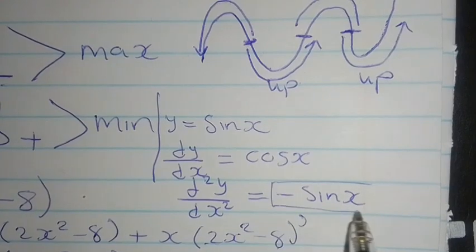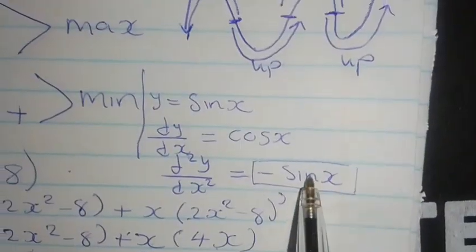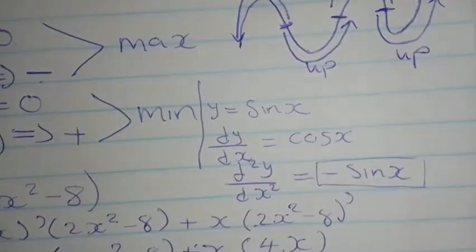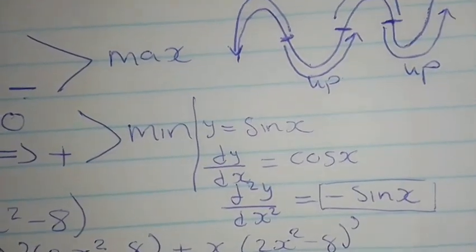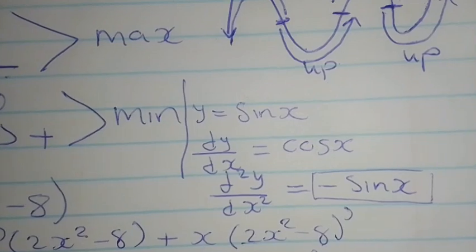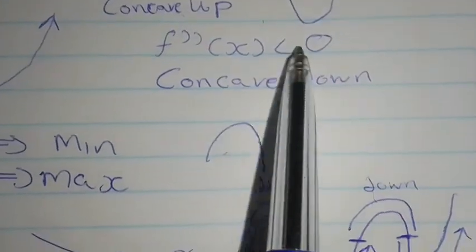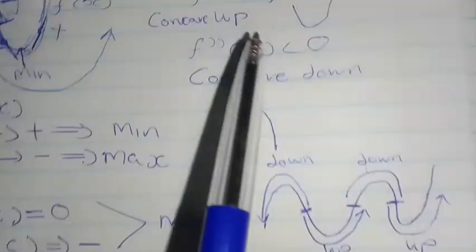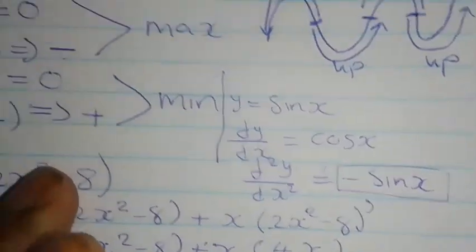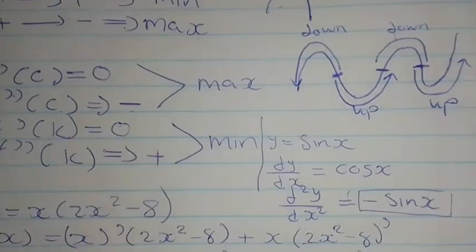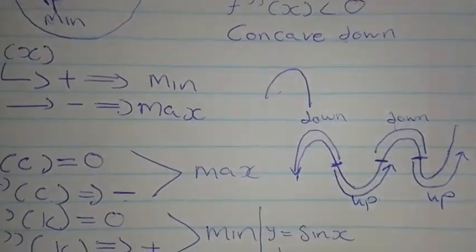For concave up, you set this minus sine x greater than 0, and then you solve for the values of x for which this graph will be concave up. And for concave down, you set the second derivative, which is minus sine x, less than 0, and that's where you'll get concave down. So that's how you can solve this with the formula or through the visual method.